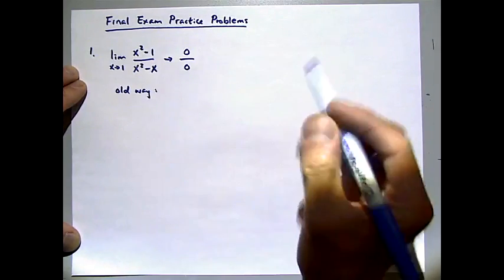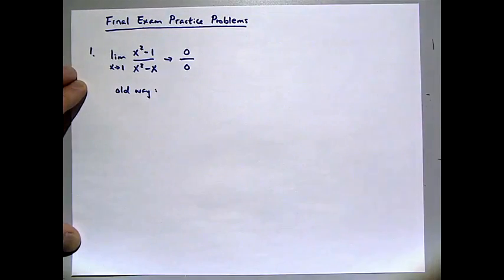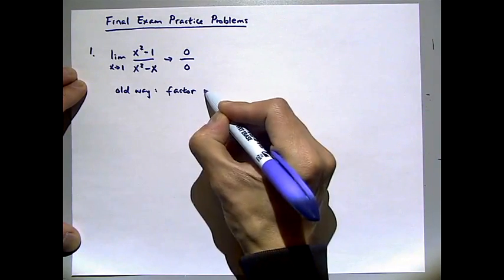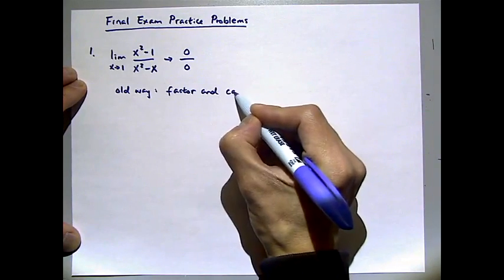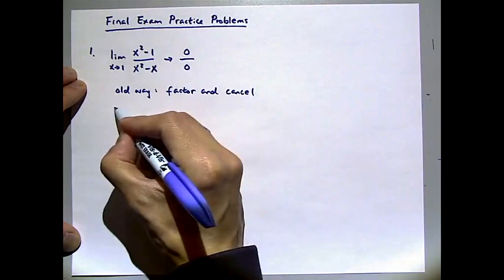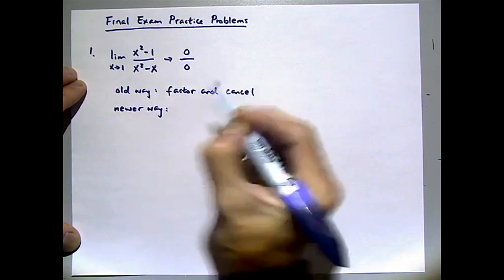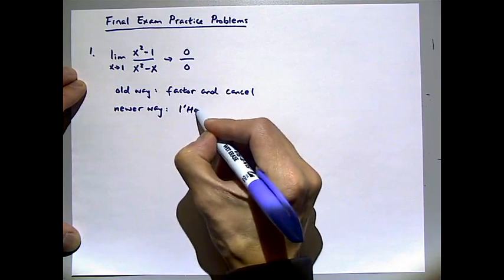So the old way we did way back then, in the beginning of the course, was to factor and cancel. And of course, the newer way, now you know L'Hopital's rule.